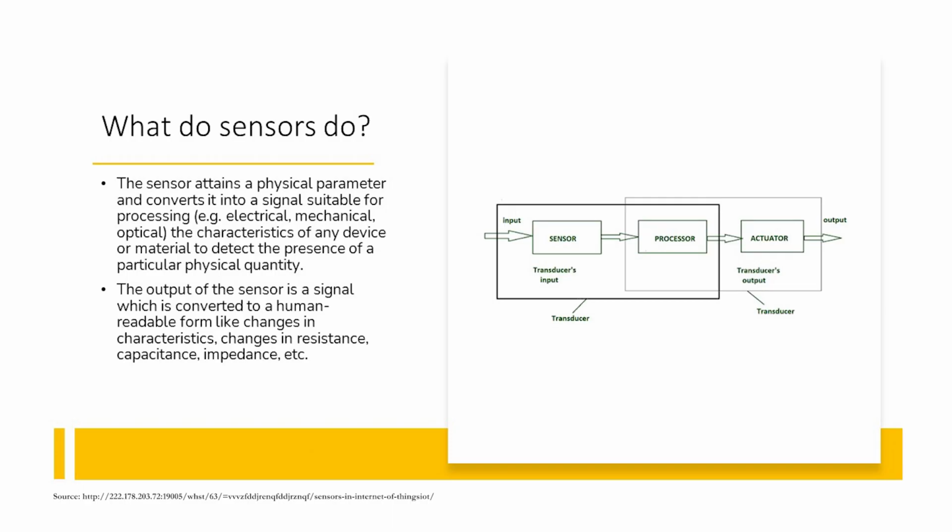That additional thing is known as a transducer. A transducer takes the signal from one form and converts it into another form, which is suitable for us. You may have a transducer at the sensing stage, or you may also have a transducer at the actuating stage. Actuation is where you are doing something based on the sensor input.